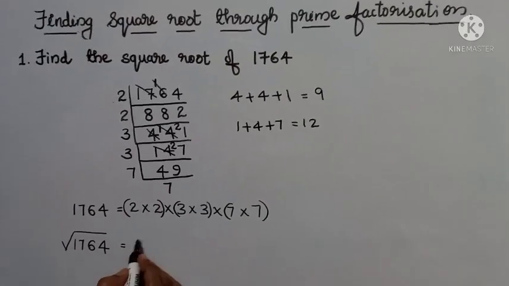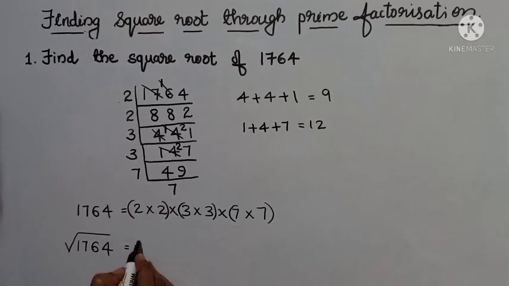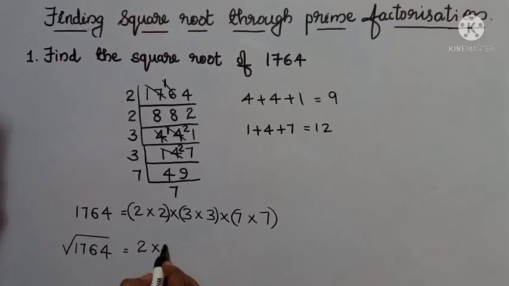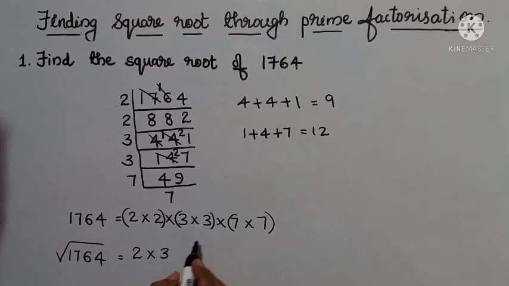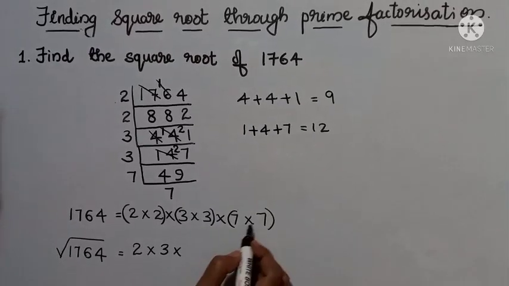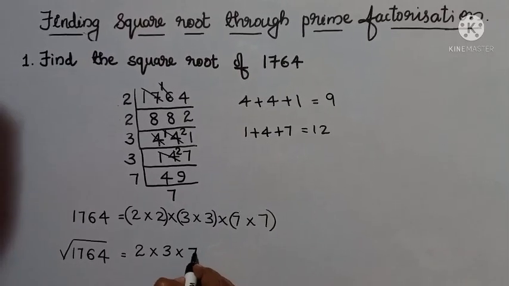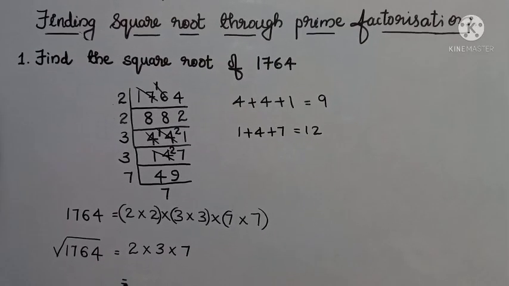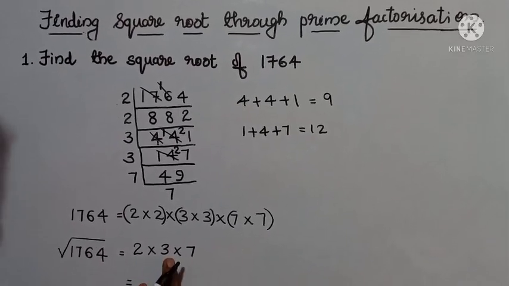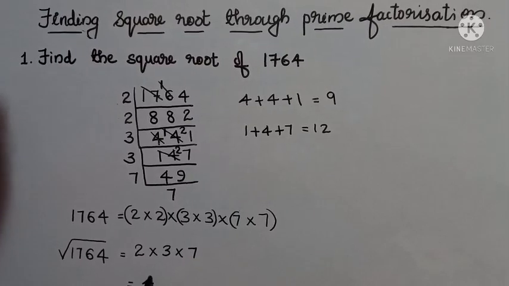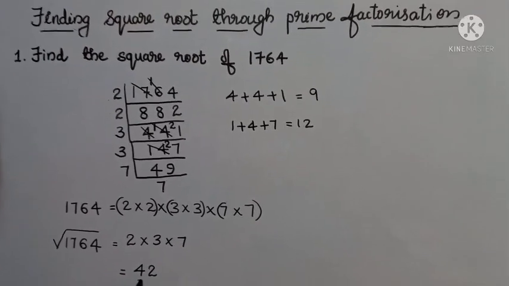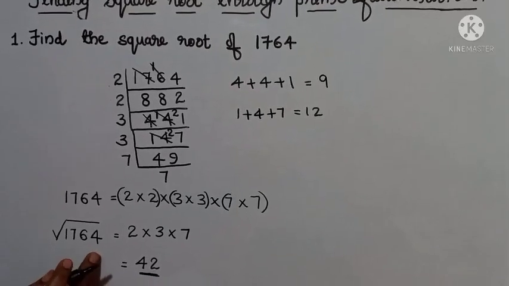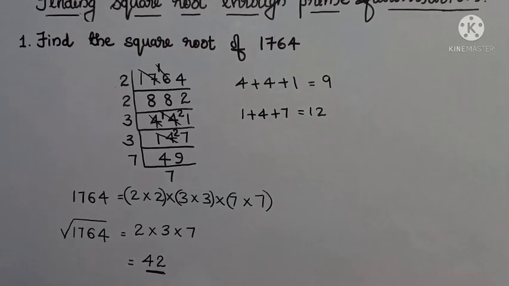So one factor we are selecting from this pair of 2, we have got the 2, and from another pair of 3 we have to choose one 3, and from the pair of 7 we have to select 7 here. Then now we have 2 into 3 equal to 6 into 7 equal to 42. So we have got the square root of 1764 is equal to 42.